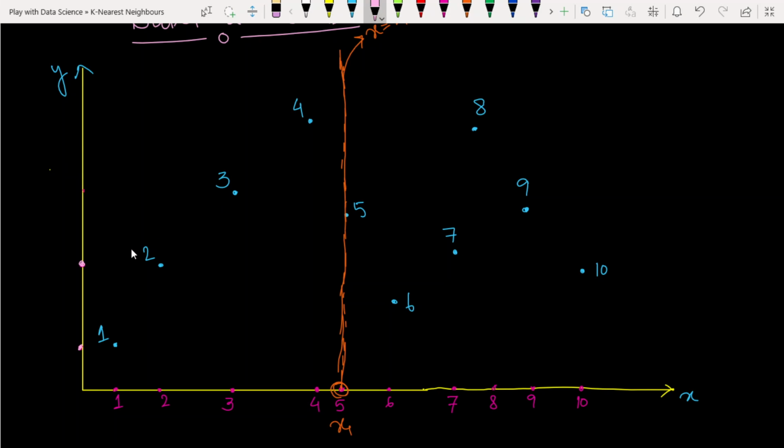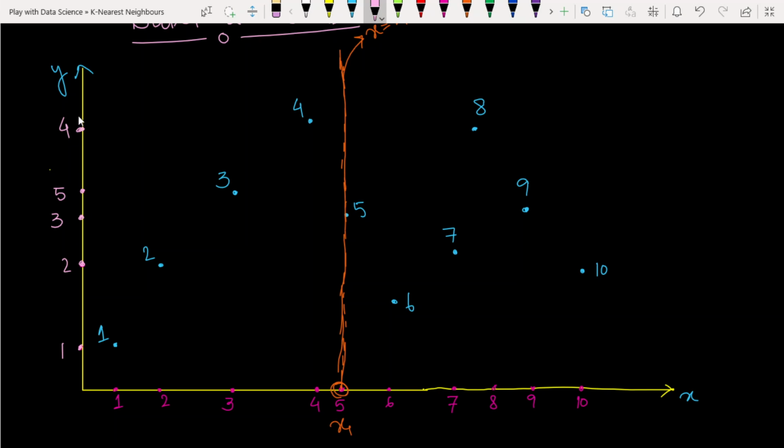Here we also have points 5, 3, 4. So the values are 1, 2, 3, 5.